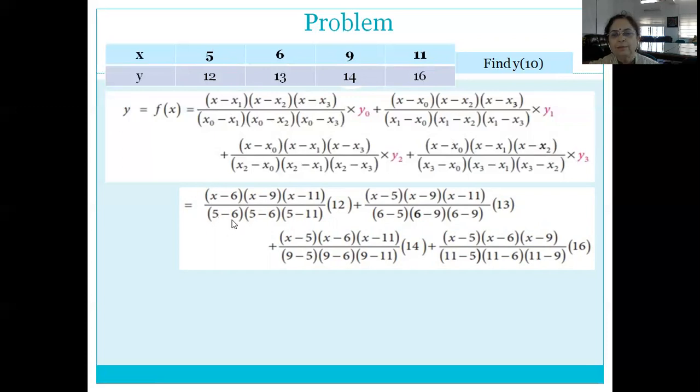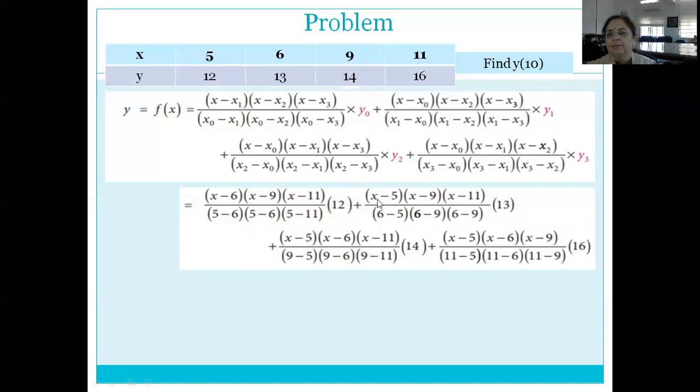So it becomes 5 minus 6, 5 minus 6, 5 minus 11. I'm sorry, this should have been 9 here. Okay, there is a mistake. This 6 should have been 9. Okay, so make a correction here. This is 5 minus 9, 5 minus 11 multiplied by 12.